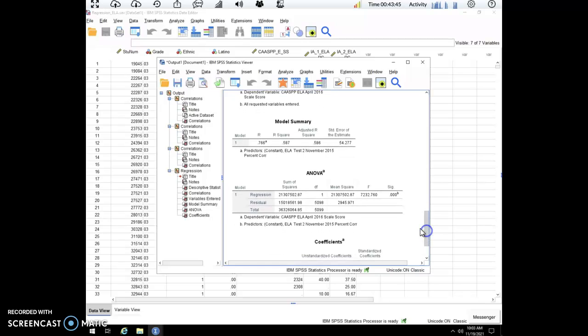And we also know that the correlation and R, those are the same thing. So we see it again here. And the R squared is also listed, which is the coefficient of determination. And you can also square R, or multiply R times itself, to get this value.